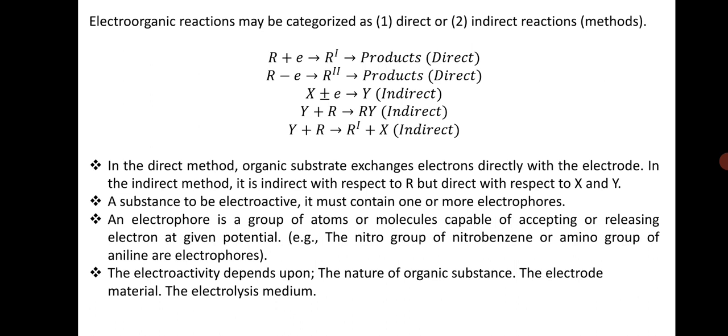This is a simple reduction reaction, given in the first equation. Or it may be R minus electron to form R double dash, which is the product, an oxidation, which is a direct exchange of electron with the substrate.